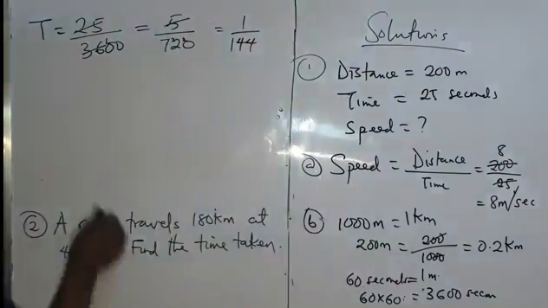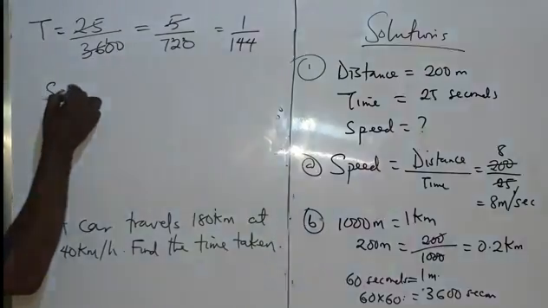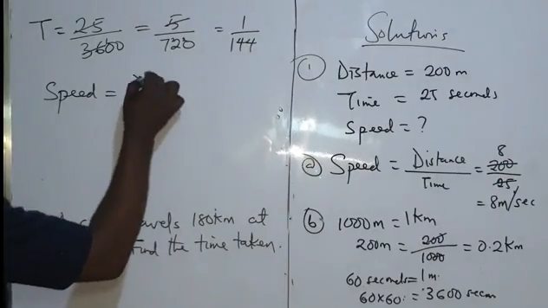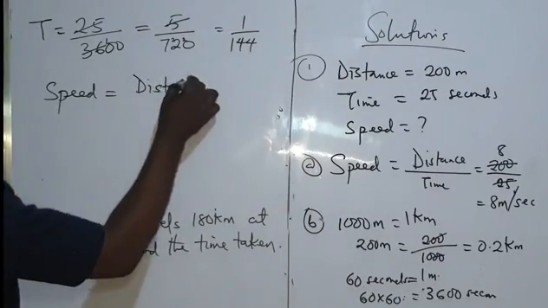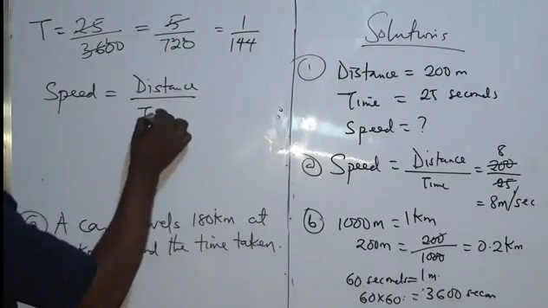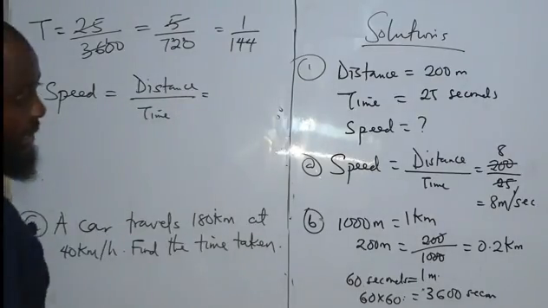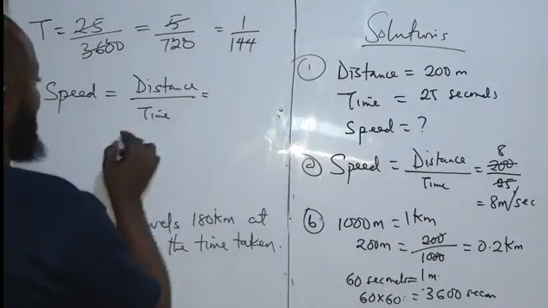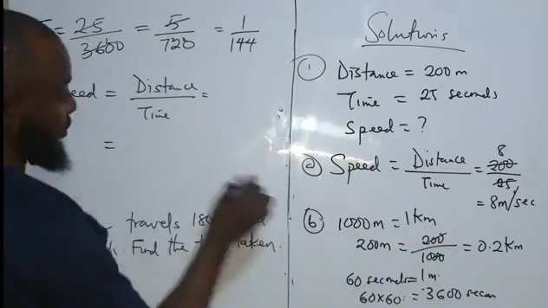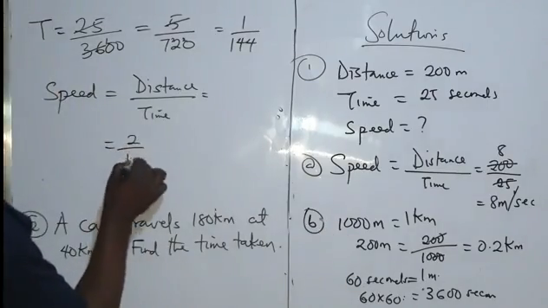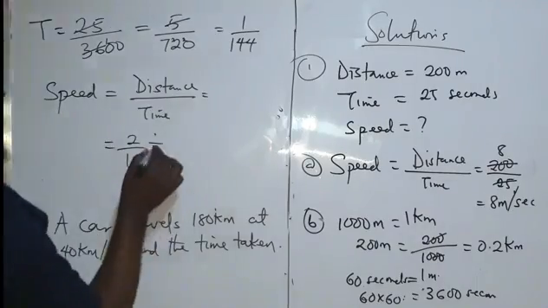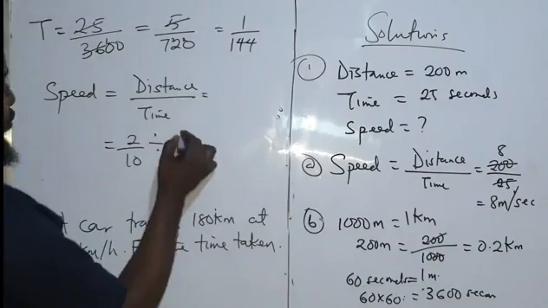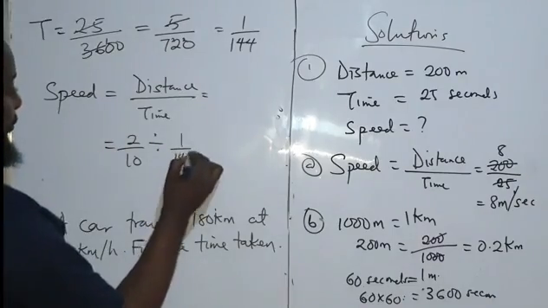So the next step is now the speed. The speed will then be given as the distance divided by what? The time. So what is the distance calculated here? 0.2, which is same thing as 2/10, divided by the time, which is 1/144.